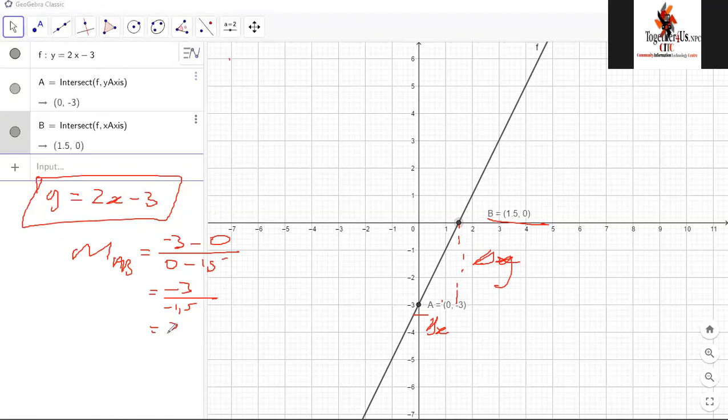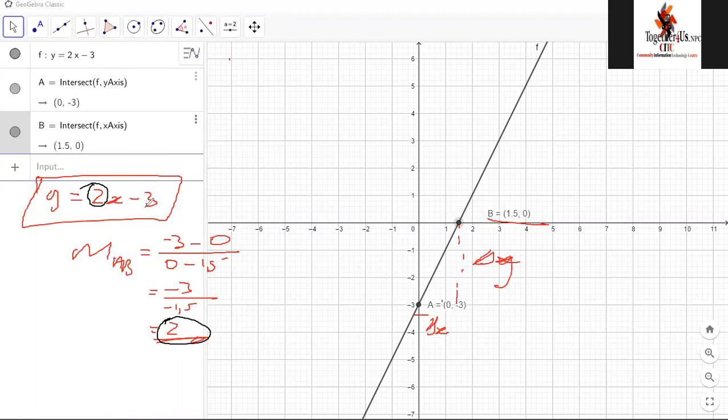So the interesting thing, guys, is I want you to now start seeing the relationship between your analytical geometry and your algebra and now functions. Look at this now. Using analytical geometry, we were able to prove that the gradient of this line is indeed 2, as we have there.